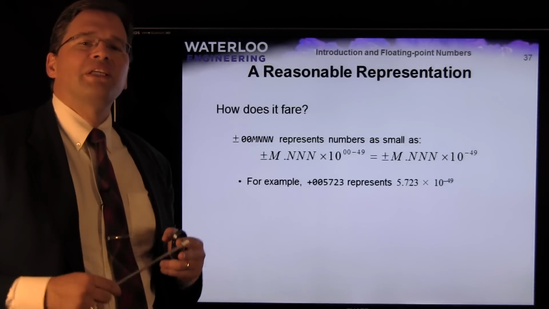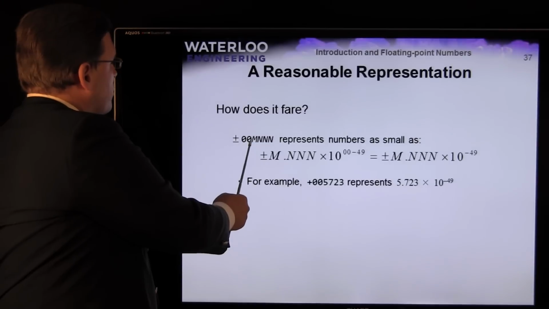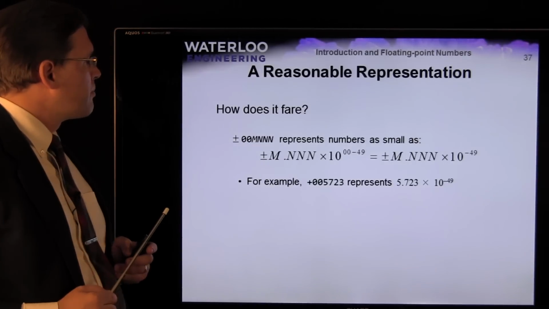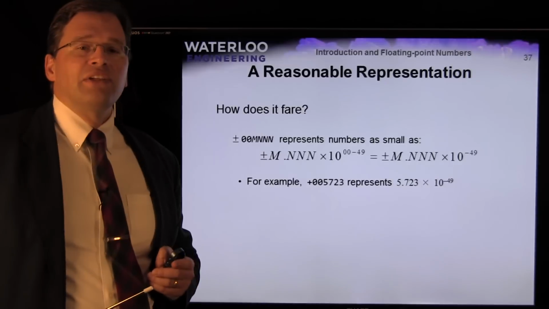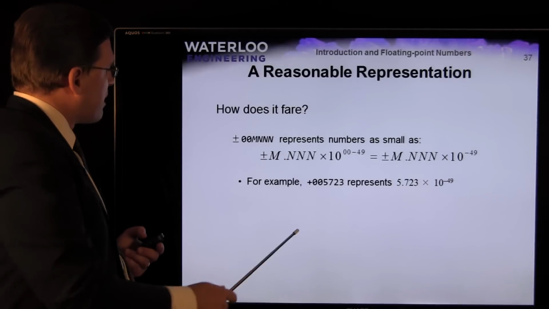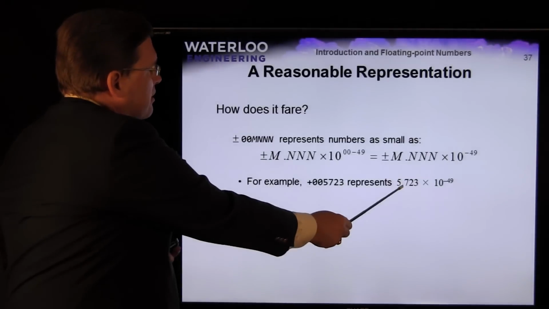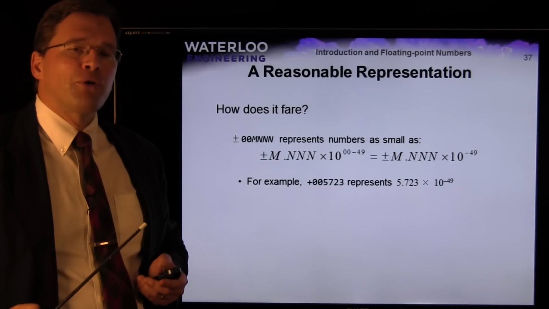How does this fare? Well, first of all, we can represent very, very large numbers, or very small numbers. If the first two digits are 0, then our exponent is 10 to the negative 49. That's incredibly small. So for example, here, this number represents 5.723 times 10 to the negative 49.